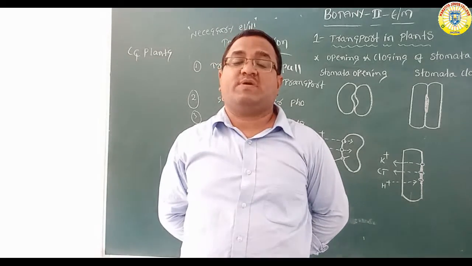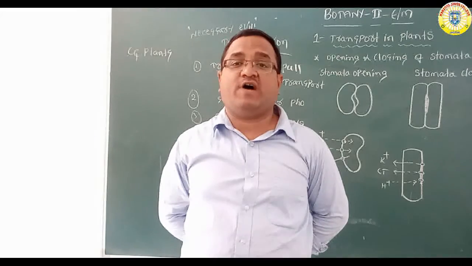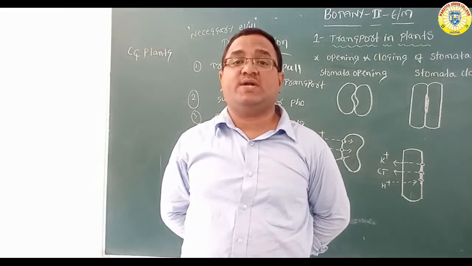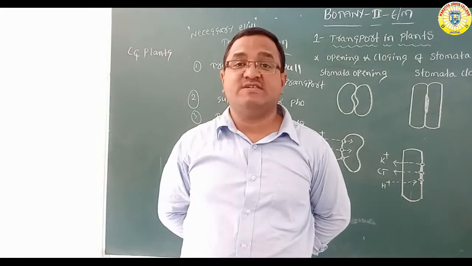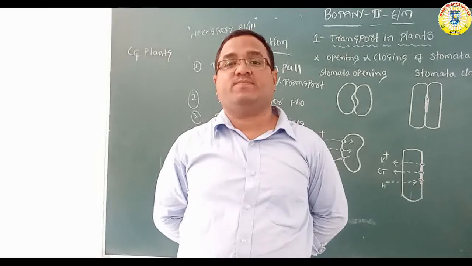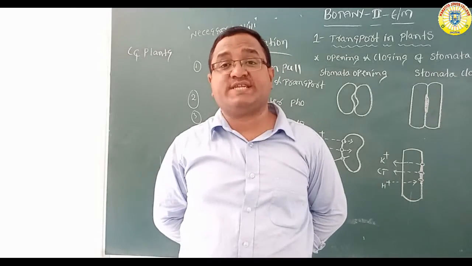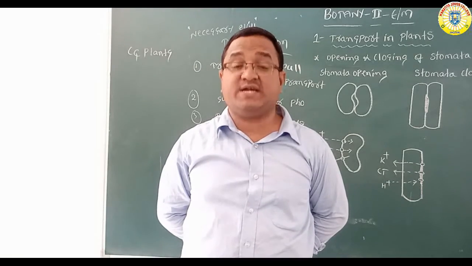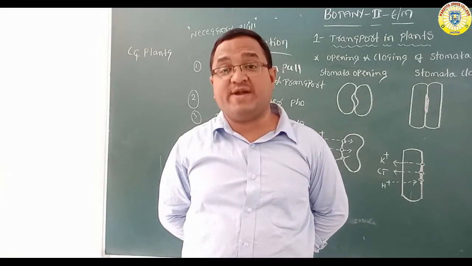But what is the difference between C4 plants and C3 plants? C4 plants are twice as efficient as C3 plants for fixing carbon dioxide. C4 plants need only half as much water as C3 plants for fixing the same amount of carbon dioxide.